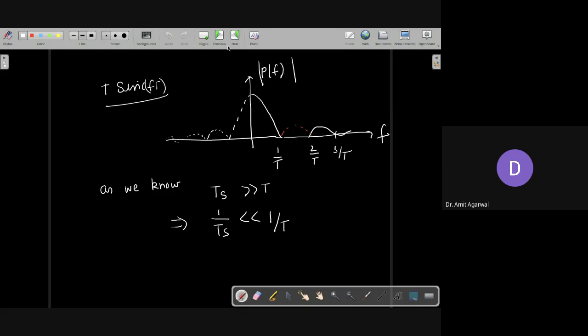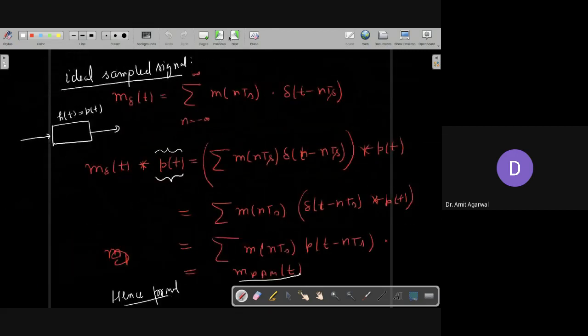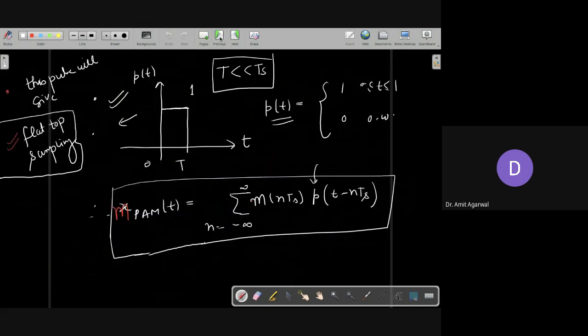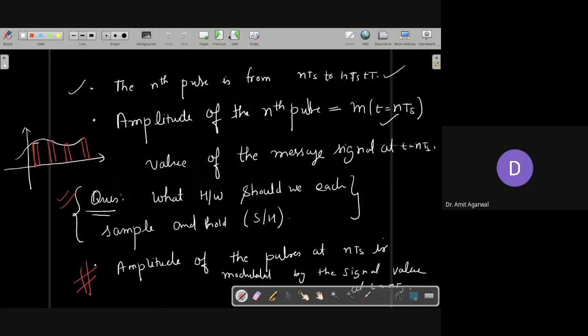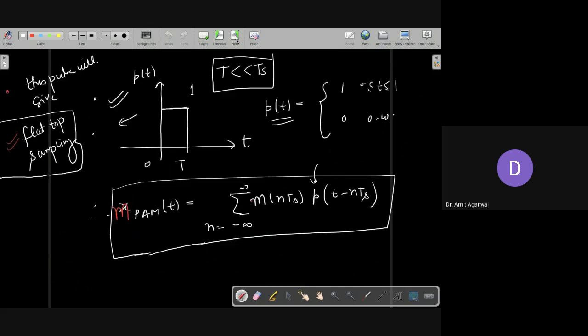सो एक चीज आपको याद है कि I already told you when we defined the rectangular pulse, the duration of the pulse is quite low as compared to the sampling interval. So the pulse duration T is quite less than the sampling interval Ts.